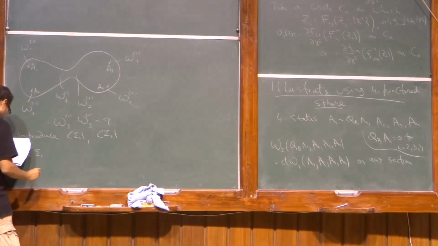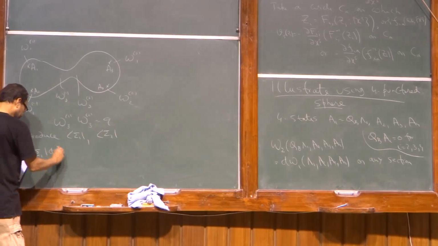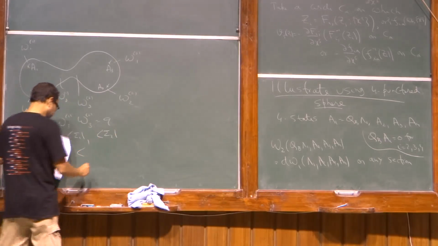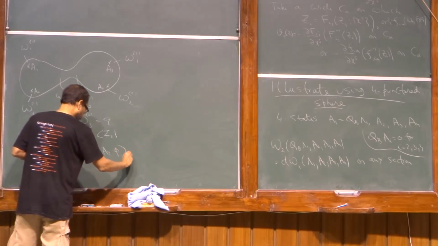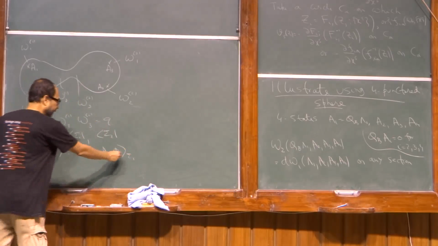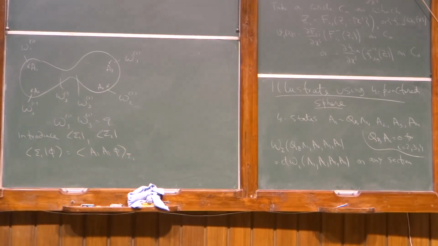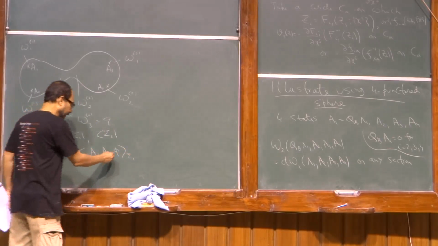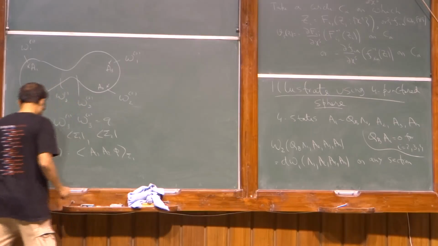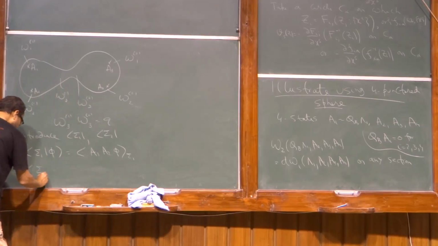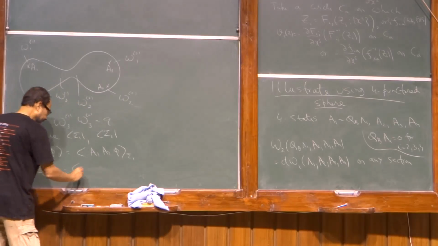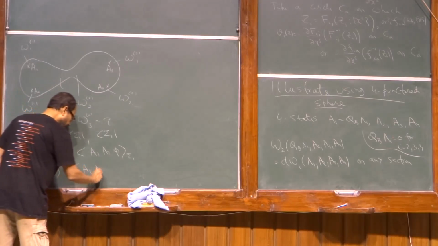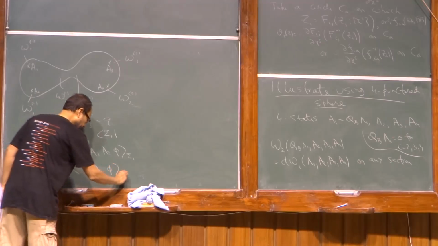Sigma 1 phi is by definition A1, A2, phi on the first surface, inserted with the corresponding local coordinates w1,1, w1,2, w1,3. Similarly, sigma 2 phi by definition is A3, A4, phi.